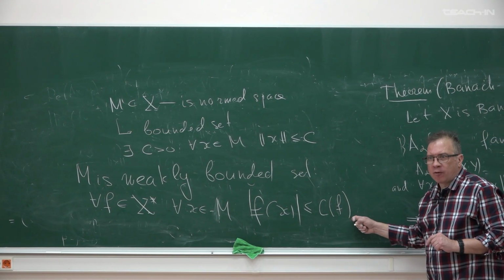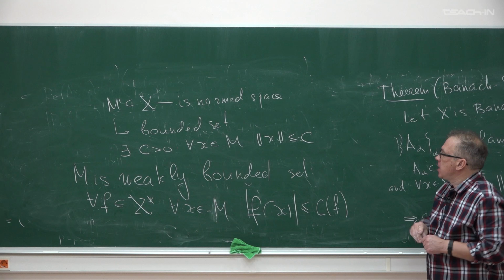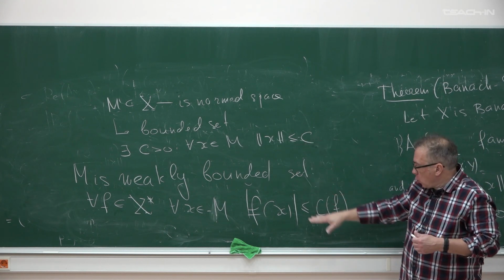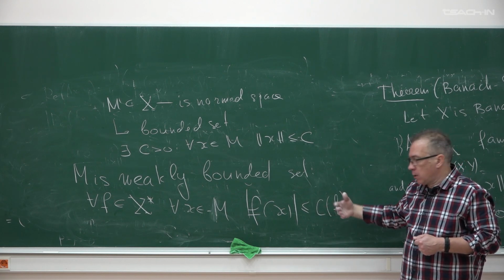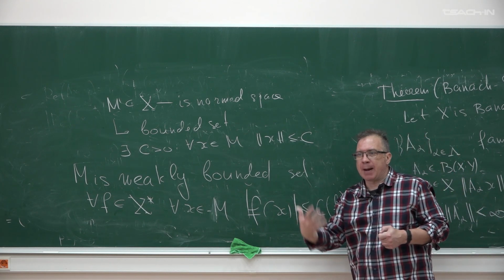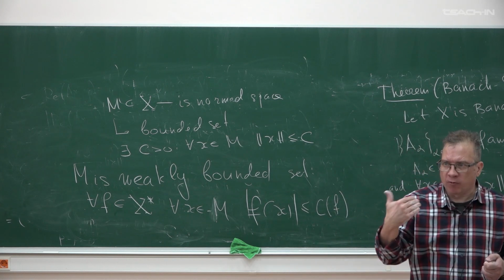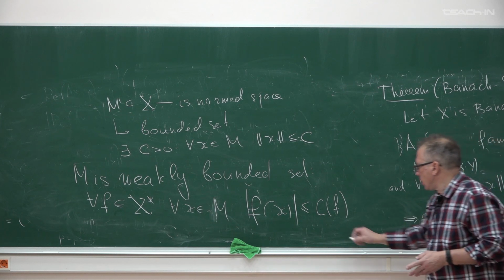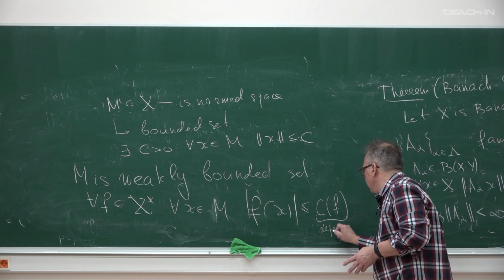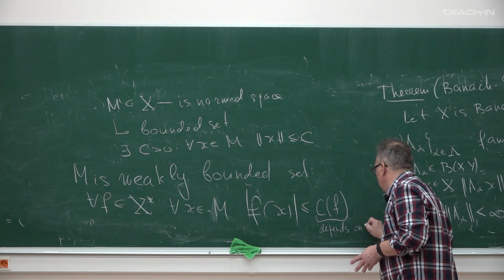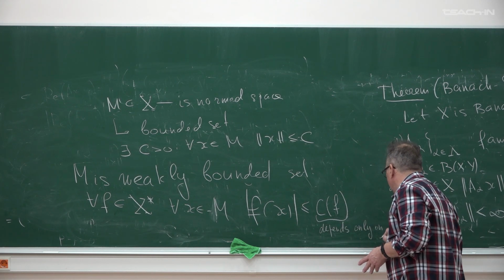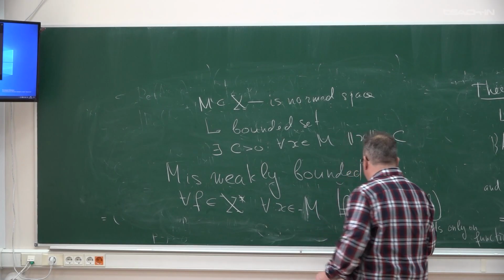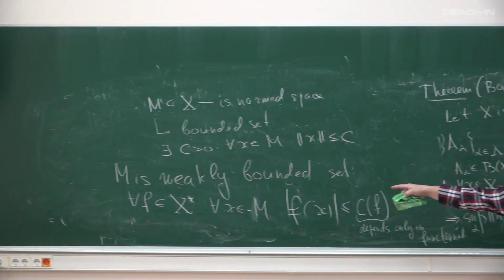It depends only on the functional. It's a uniform constant, uniform with respect to x, with respect to the set M. It depends on the functional, but not on M. So we introduce the notion of a weakly bounded set.